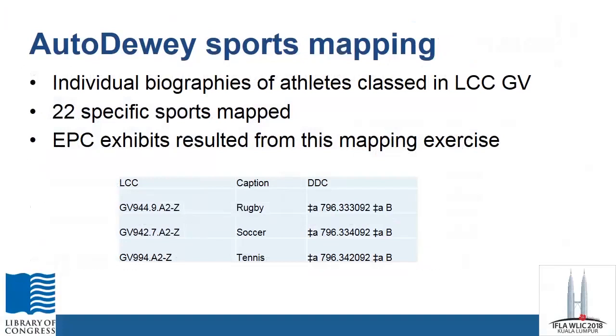It seemed like a really easy way to just get the Dewey numbers in there and not have to send it to the Dewey section and let us work on our harder stuff. So this was a great thing. And it led to some EPC exhibits, because there needed to be some clarifications and some expansions for other areas of classification when my classifier started delving into it and seeing issues. So that was an extra benefit to this project.